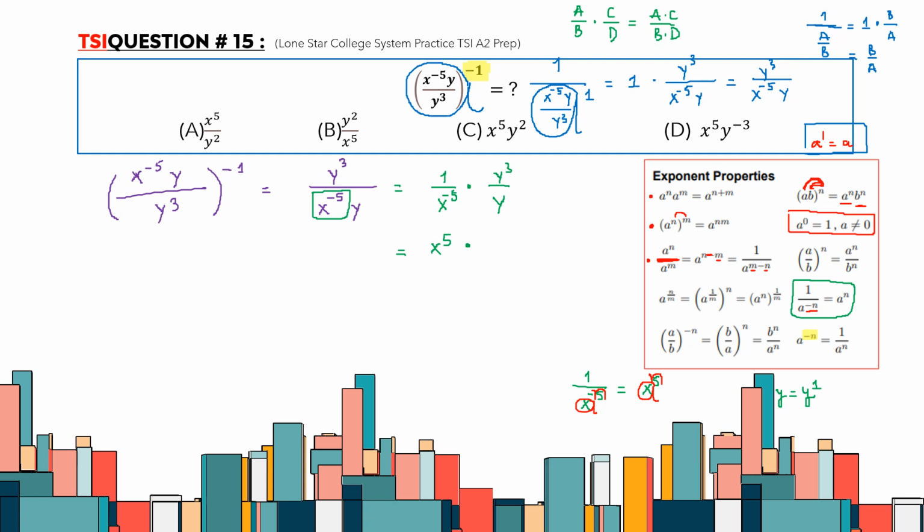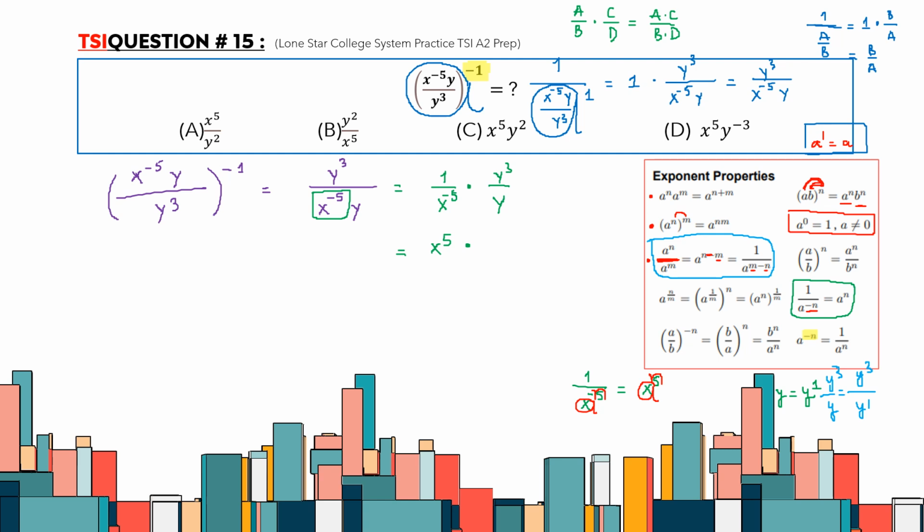So we have y to the power of 3 over y to the power of 1.